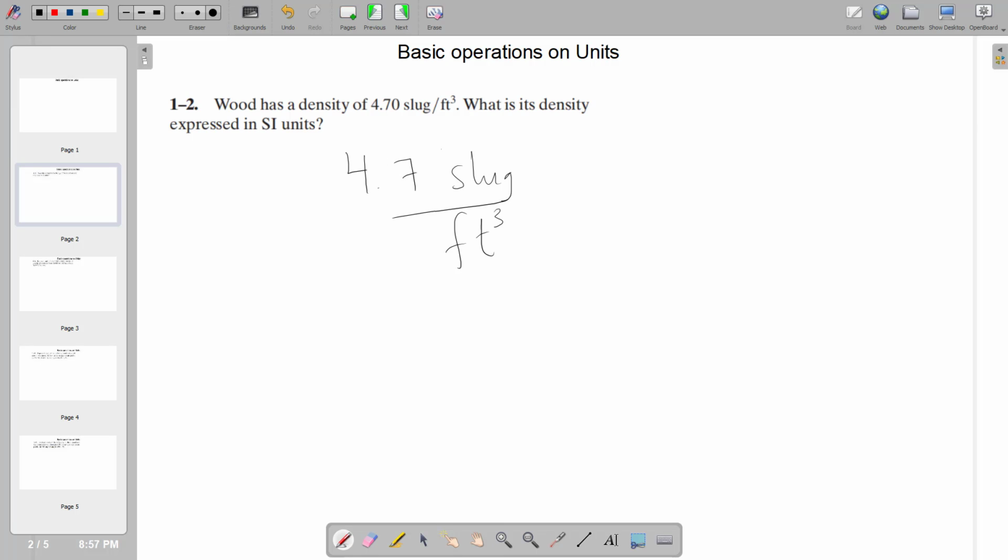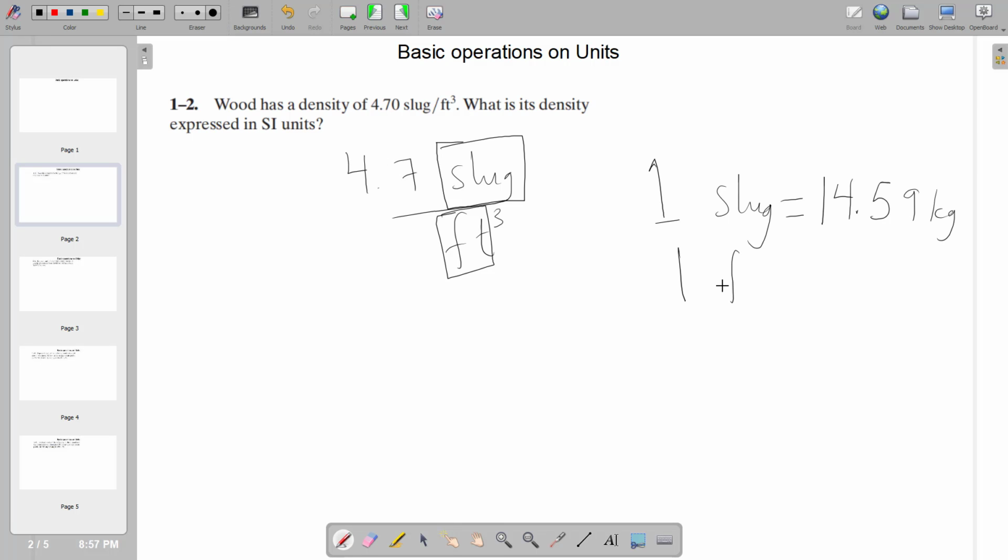We just need to know the equivalent of one slug in SI units, and also the equivalent of 1 foot in SI units. If you can just do a little googling, you'll know that one slug is actually equal to 14.59 kilogram. That's the SI unit.